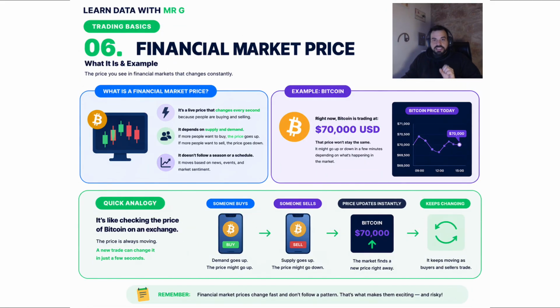But the price in financial markets is totally different because it's constantly changing, even every second. What is happening is you have people around the world buying and selling an asset at the same time that you probably want to do it. So if somebody is buying, the price is going up because the demand is increasing. And if somebody is selling, the supply is going up, so the price is going down.